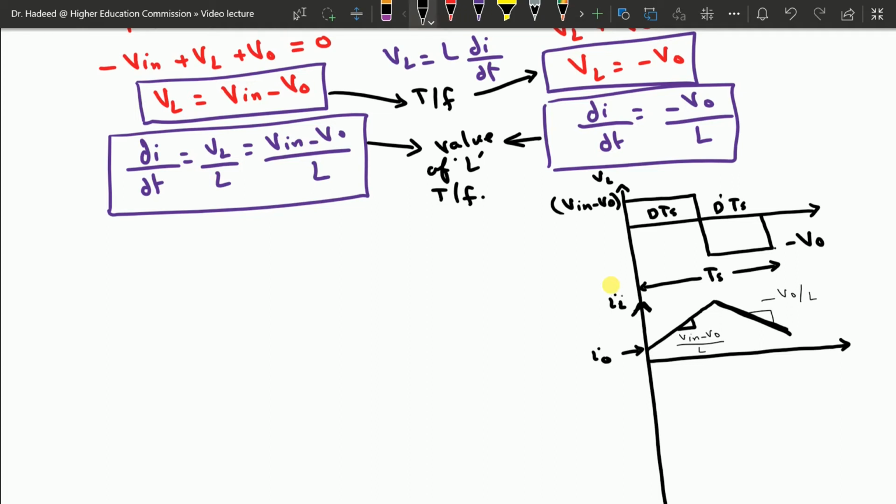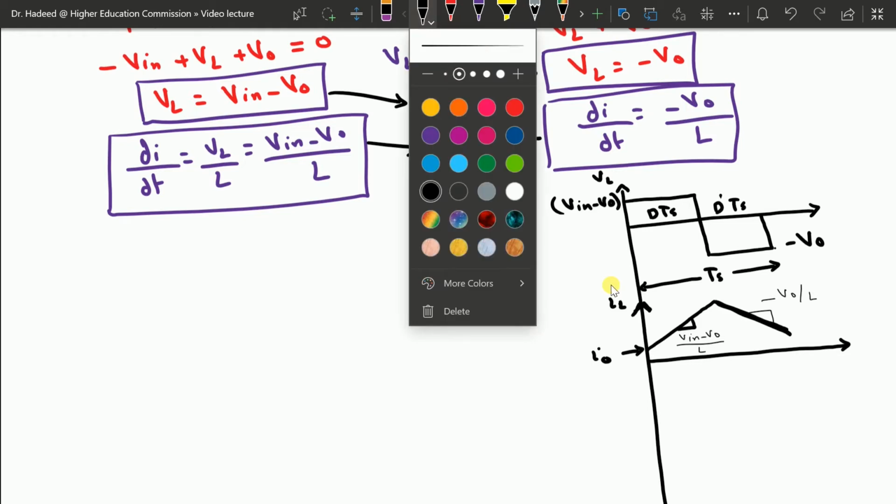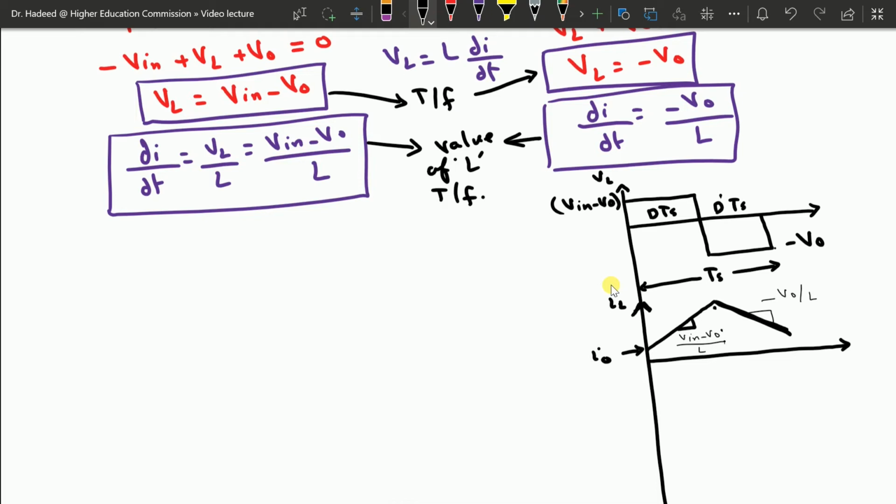Now if we want to have some analysis here, the analysis proceeds in a very simple procedure, that is, we shall be applying the principles of steady state converter analysis, which states that when an inductor is in a steady state condition, then the volt second balance is equal to 0.